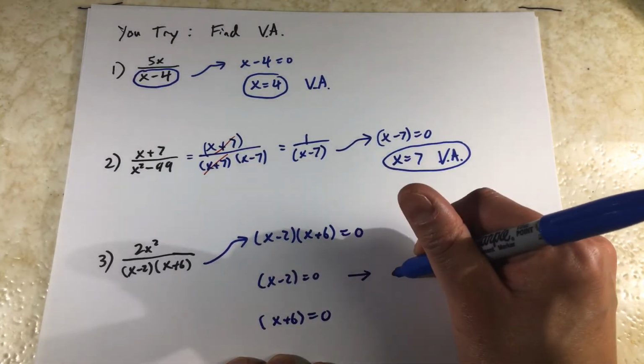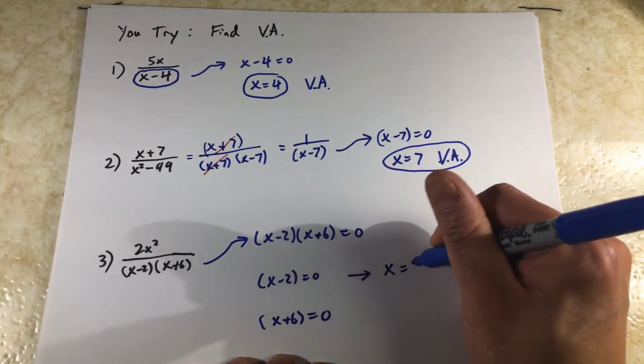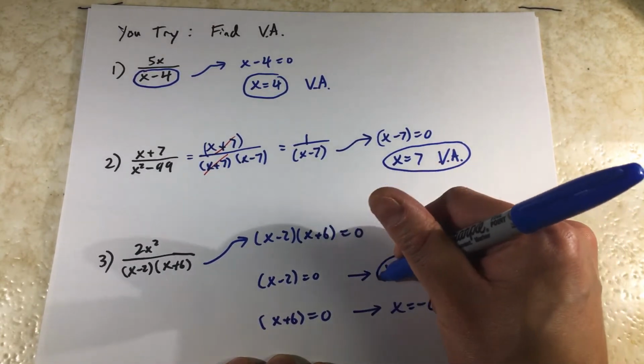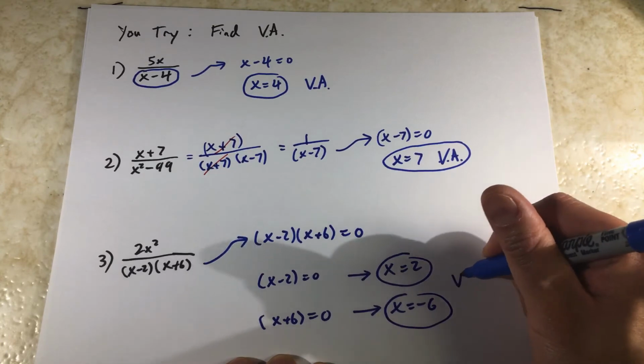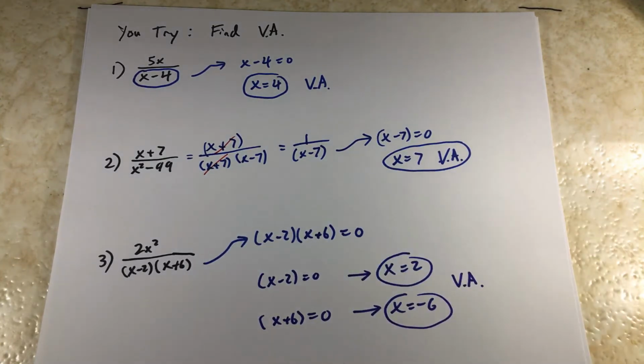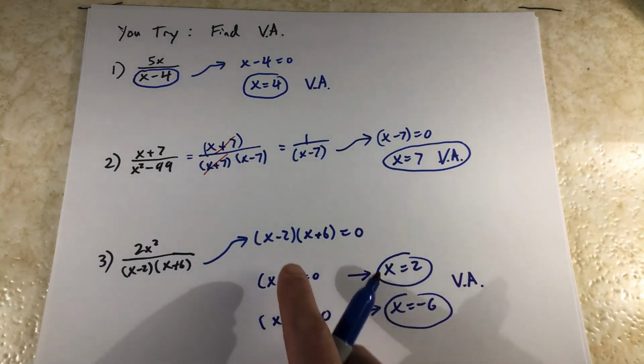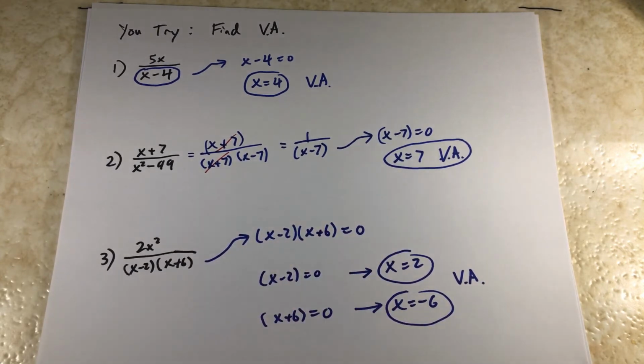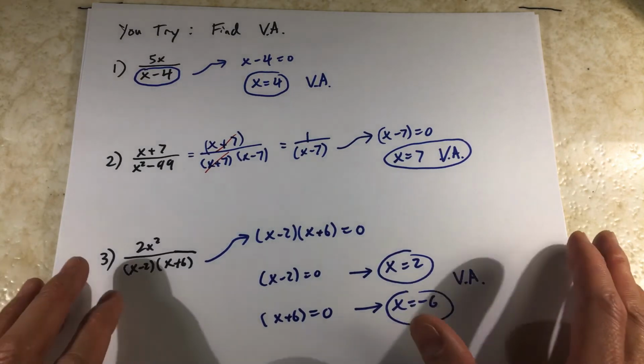And that gives you two different solutions: x equals positive 2 and x equals negative 6. Both of those are your vertical asymptotes. So this one has two vertical asymptotes, one corresponding to one factor being 0, and the other to the other factor being 0. So that's how you find vertical asymptotes.